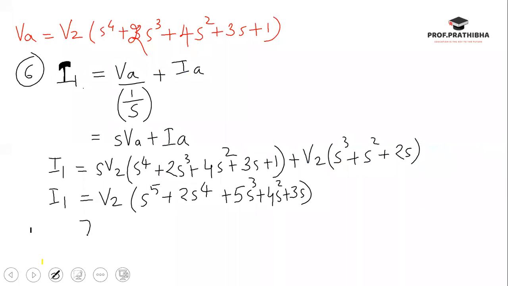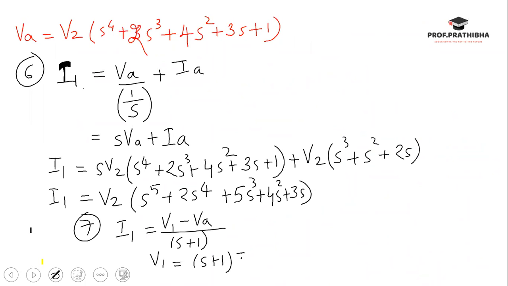So that will be my 7th point here, that I1 can also be written as V1 minus VA upon S plus 1. And that means I can write V1 as S plus 1 times of I1 plus VA. What does that mean?